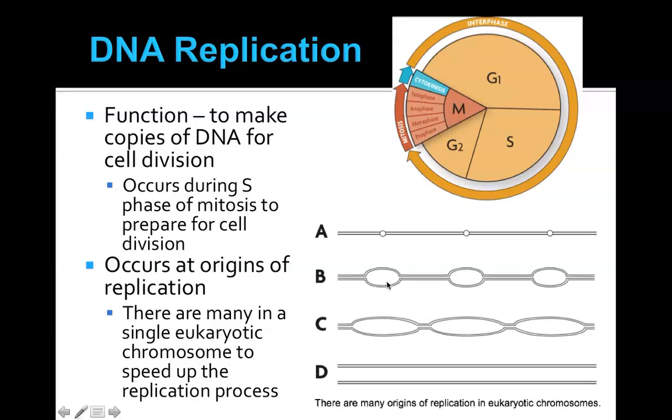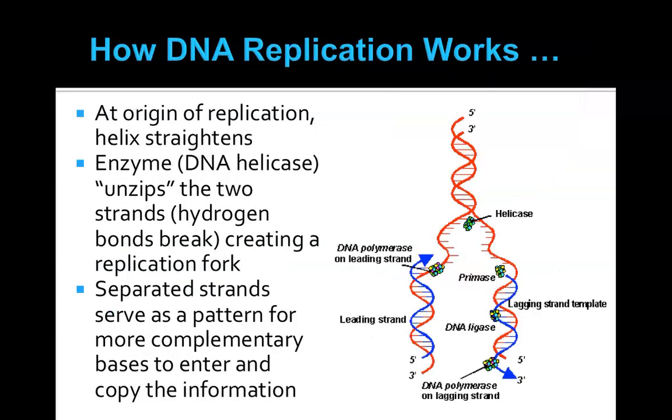All right, so we're going to zoom in to the single replication bubble and talk about what's actually happening there. So here is this replication fork, and this is one end of that replication bubble or origin of replication we were just looking at on the previous slide. There's going to be a handful of enzymes you're going to have to be familiar with to explain how replication happens.